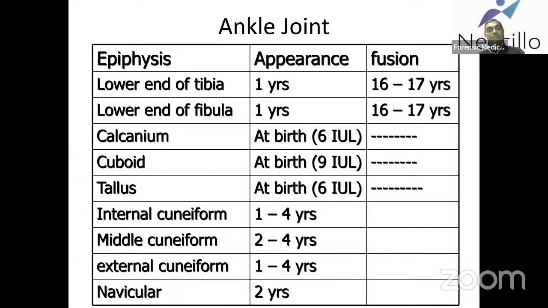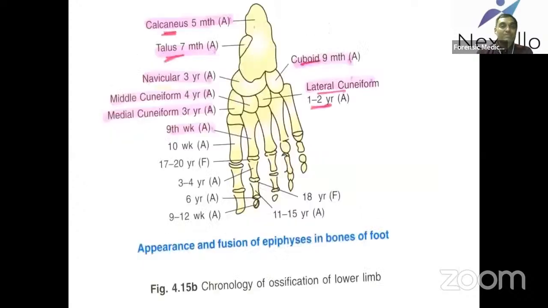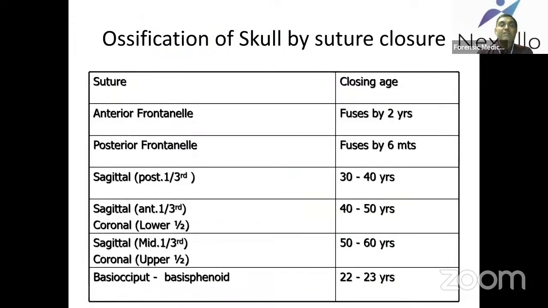The rest of the bones in the ankle joints appear towards birth or at 1 to 2 years of age, like the internal, medial or external cuneiform, and the calcaneum, cuboid, and talus, that is at birth, 6, 9, and 16 intra-uterine life. Navicular is around 2 years of age. So these are the bones of the foot. The important one here is the cuboid, at 9 months intra-uterine life.